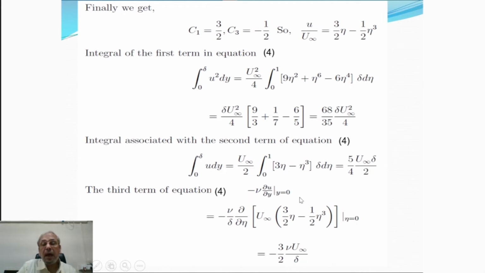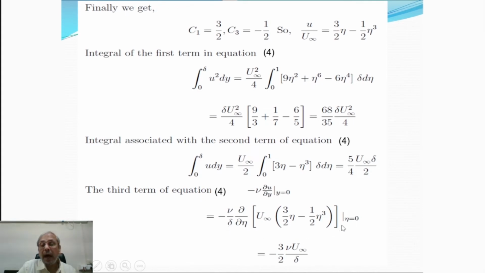Then the right hand side is minus nu del u by del y at y equal to 0. So minus nu del u by del y, when we express it in terms of del eta, becomes this whole quantity by delta del eta.